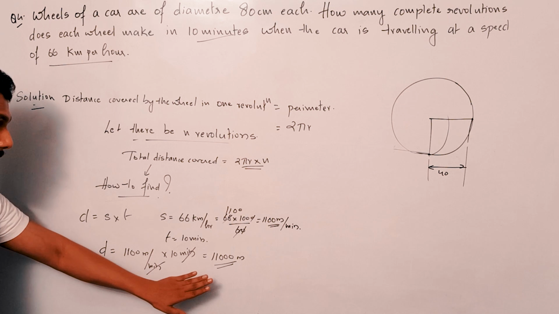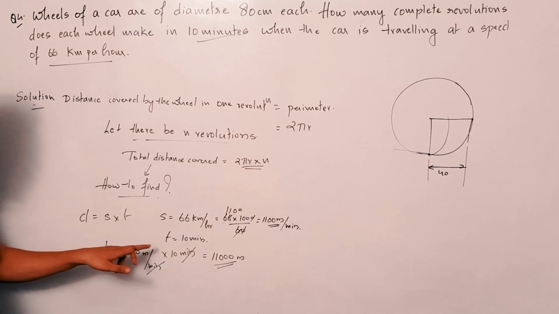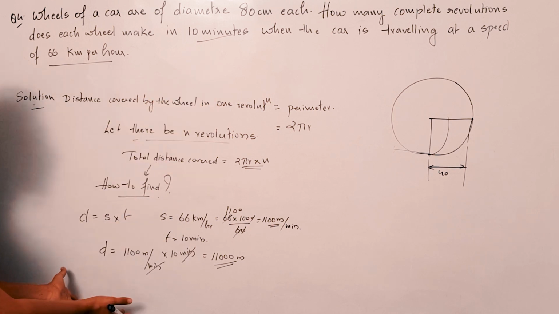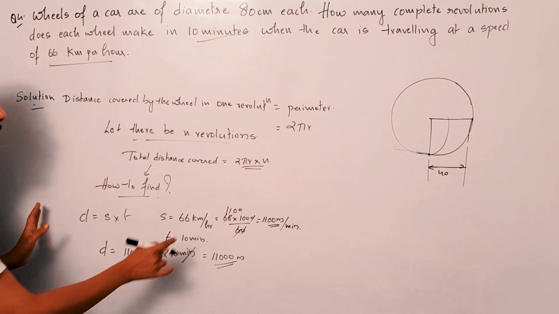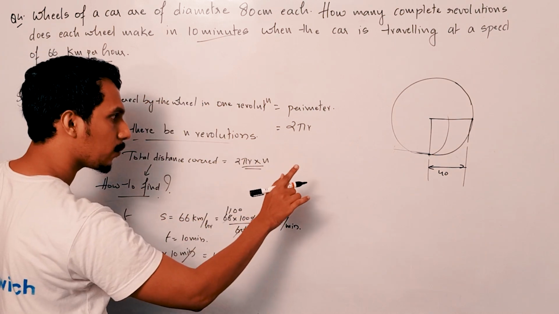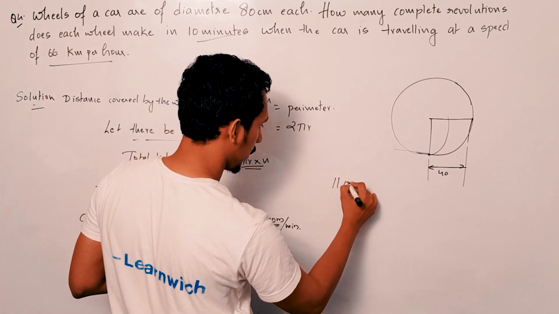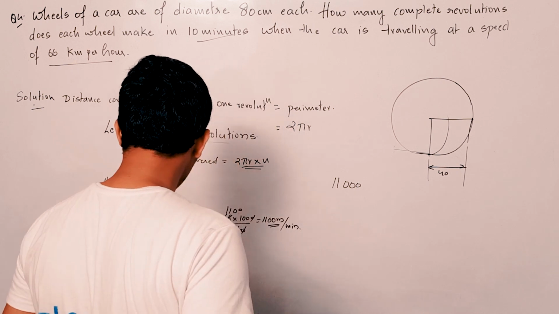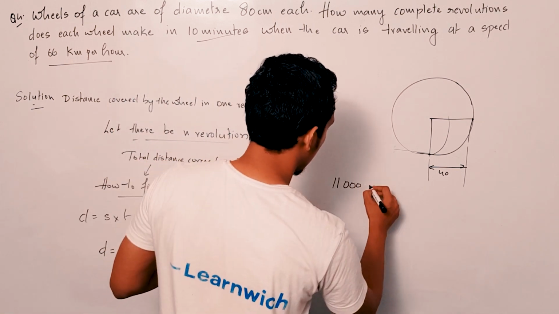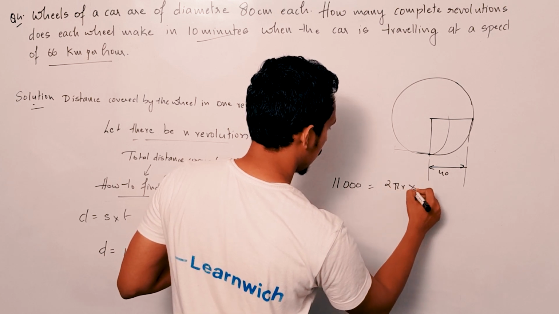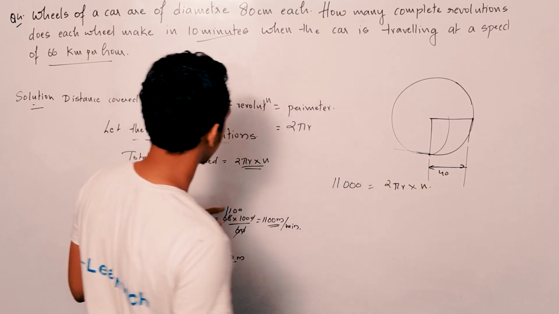That is the total distance covered by the car in 10 minutes, because the speed is given, time is given, so you can easily find out the distance traveled by the car, no? Okay, so this is the distance traveled by one wheel in one revolution. This will be equal to this, so you can say 11,000, I'm guessing that I did not make any mistakes here, is equal to 2 pi r into n.